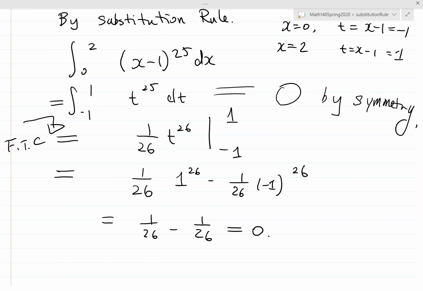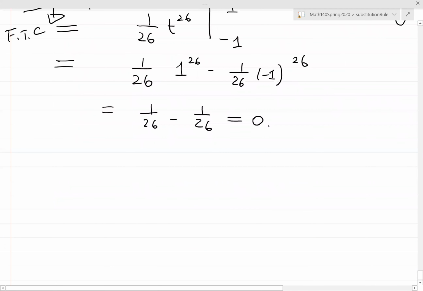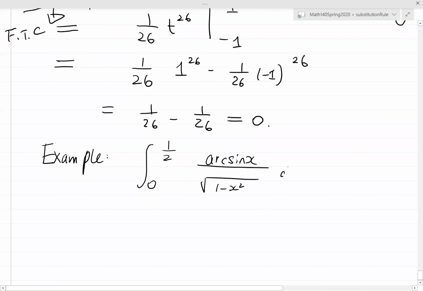More examples. The integral from 0 to 1 half of arc sine x over square root of 1 minus x squared dx.